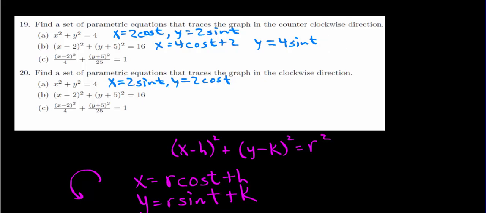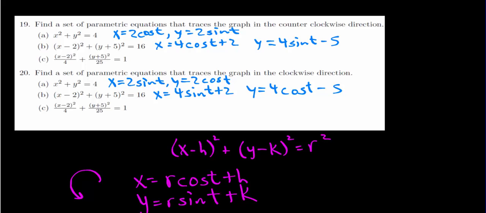Minus 5. And down here, going the other way, you get x is equal to 4 sine t plus 2, and y is equal to 4 cosine t minus 5. I'm stumbling here. Okay, so I've got to be sure. Okay, yeah, there we go.